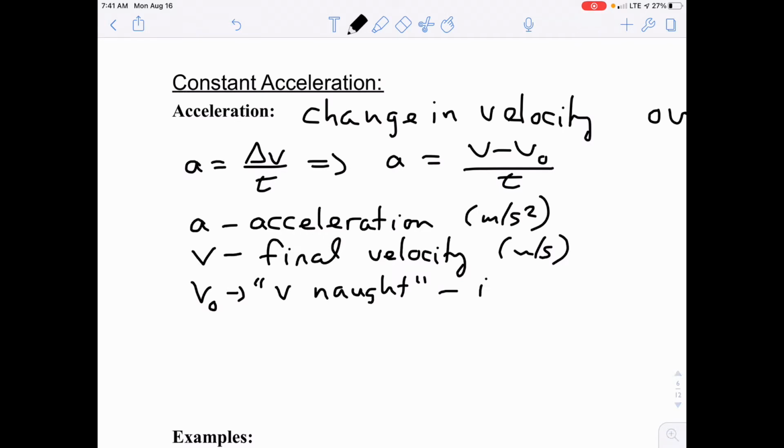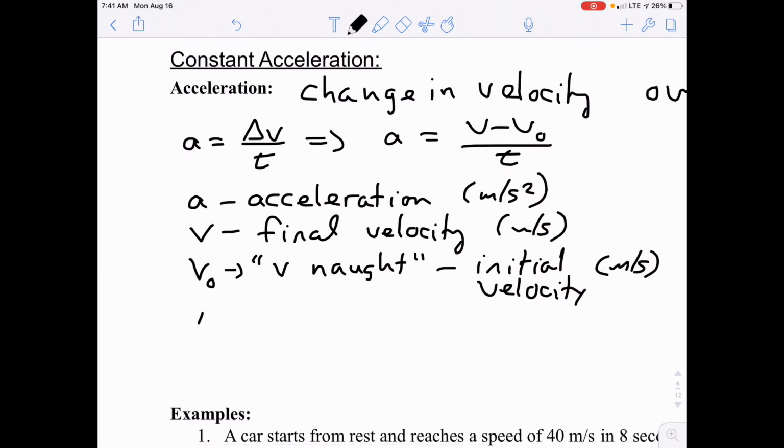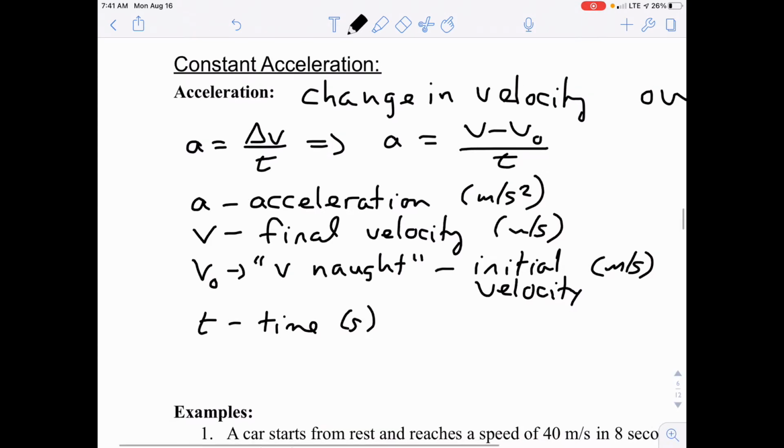And what it stands for, ladies and gentlemen, is the initial velocity in the problem. It's the starting velocity, also in meters per second. So whatever the first velocity listed, that's V naught. Whatever the second velocity that the problem mentions, that's V final. And then, of course, T is time. And time is still in seconds.